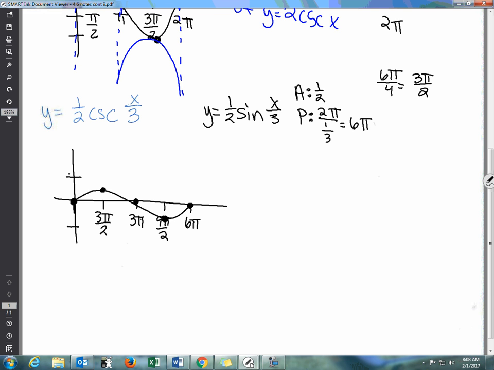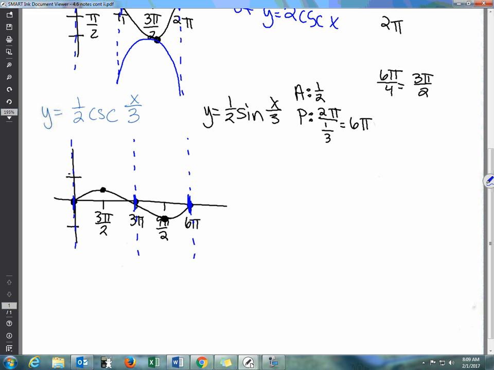All right? And I'll do the y equals 1/2 cosecant of x over 3 in blue again, right? So everywhere where my graph crosses the x-axis, I will draw a vertical asymptote. And at these points, remember, I'm going to imaginarily cut my graph.